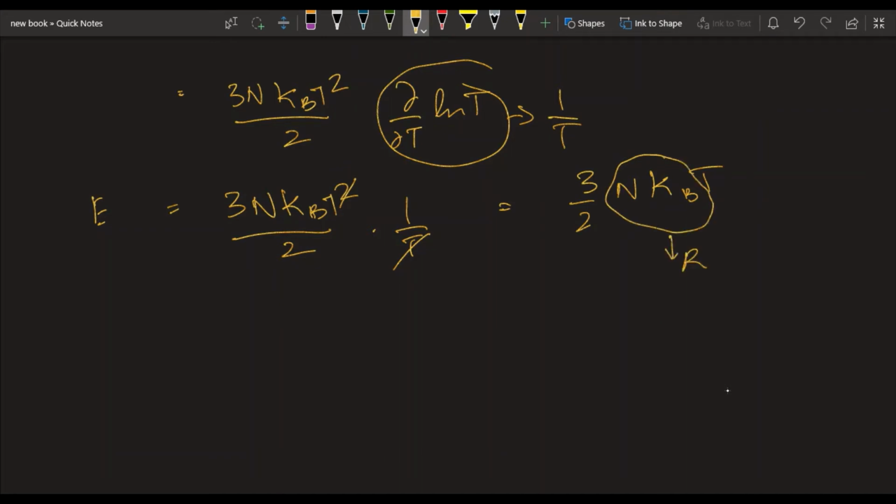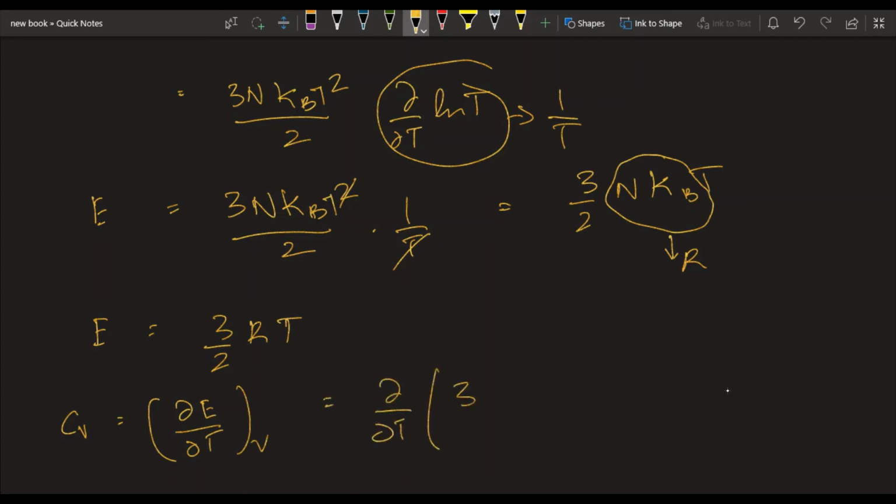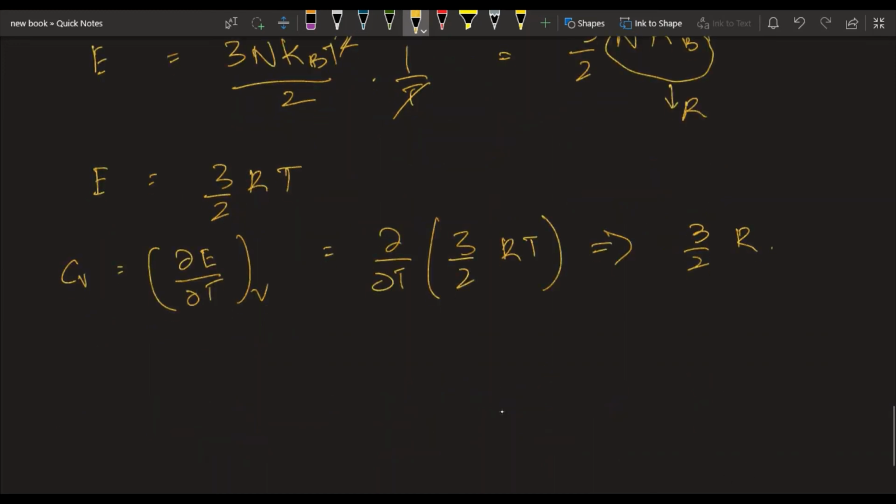Now we saw that Cv is dou E by dou T at constant volume. So this becomes dou by dou T of 3 by 2 RT, and this gives us 3 by 2 R. So the specific heat for the ideal monoatomic gas is given by this.